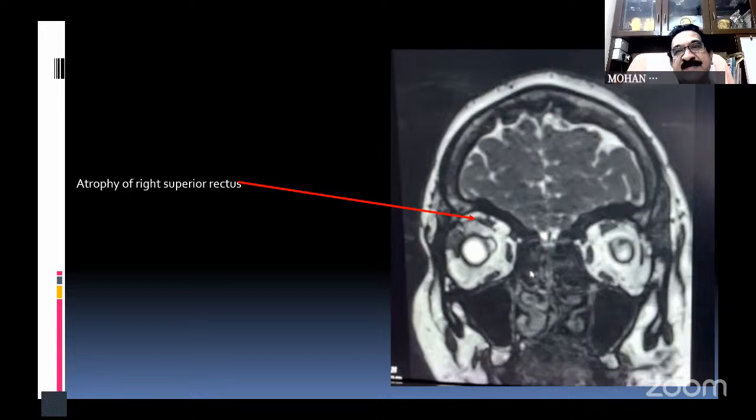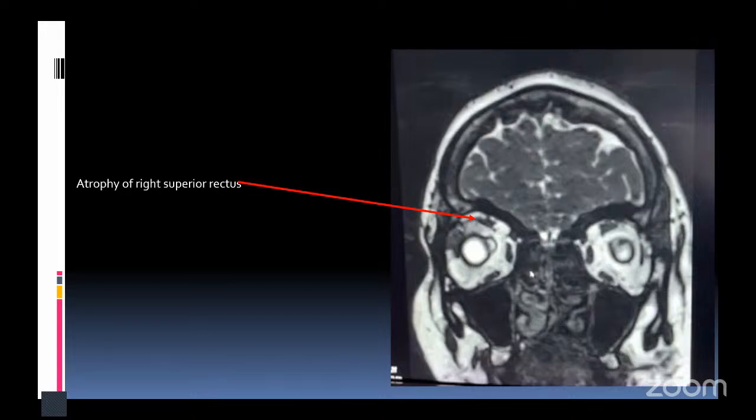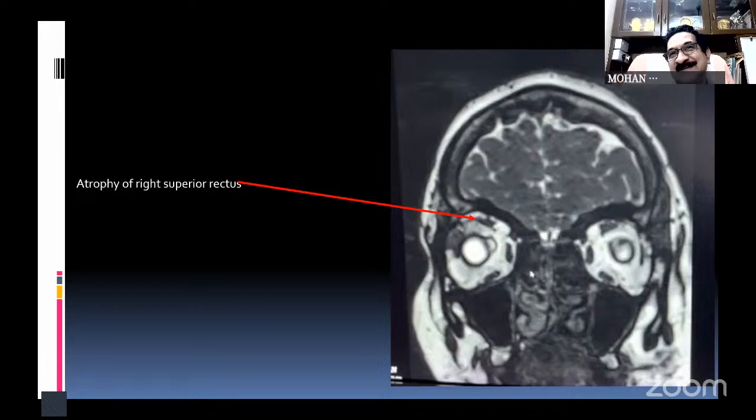So the elevation will be restricted, and in enophthalmos it may look like ptosis. But blowout fracture will not produce ptosis. More likely there would be damage to the optic nerve or third nerve by the fracture. But no trauma in this patient.